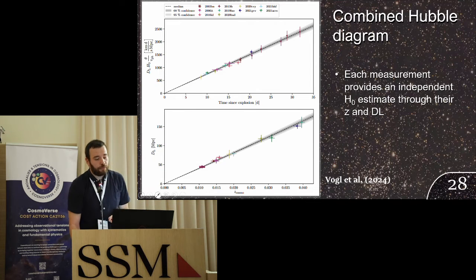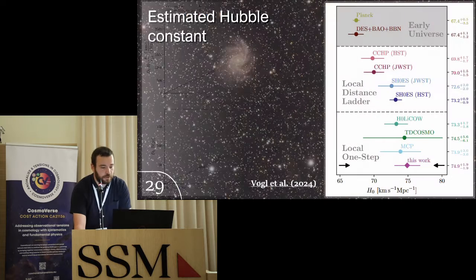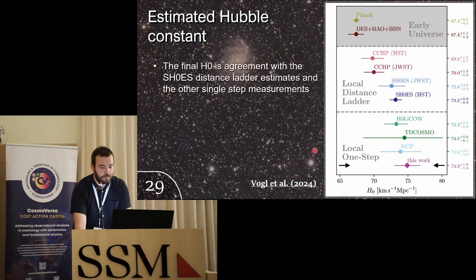So you can move away from the single supernova Hubble constant estimation and just try to do it on the basis of measuring spectral parameters. The final value that we got from this Hubble constant estimation is about 75 plus minus 2 kilometers per second per megaparsec. This work has been accepted in A&A just 2 days ago, so it's out finally.